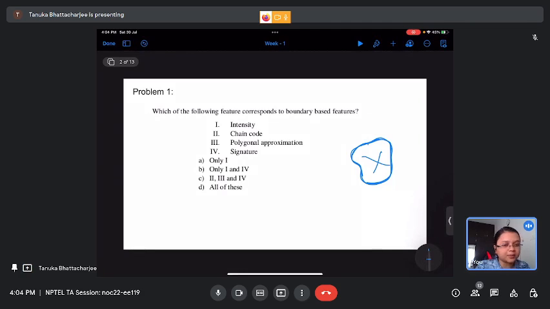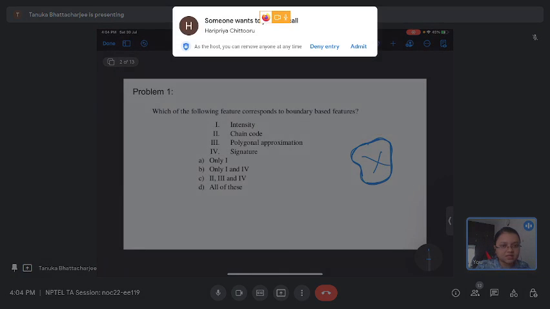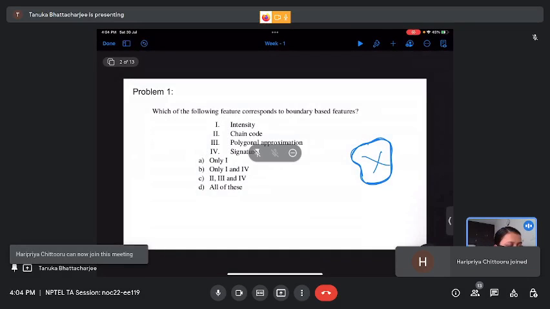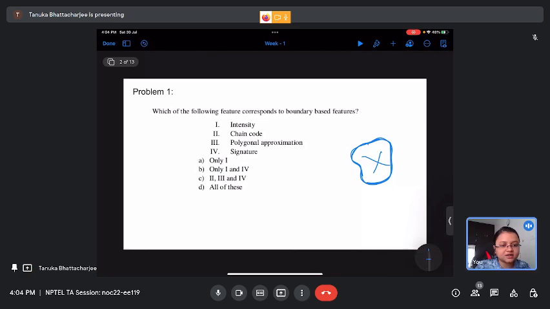That is a boundary based feature. Next is polygonal approximation. This is also a boundary based feature, because in this case we take an arbitrary boundary of an object and try to express it as some polygon. By polygonal approximation we represent that boundary, so this is also a boundary based feature.